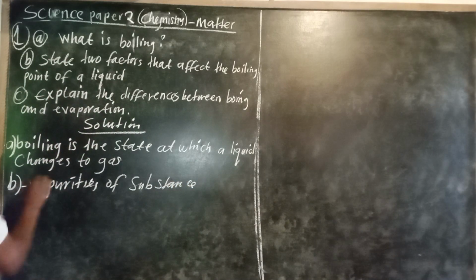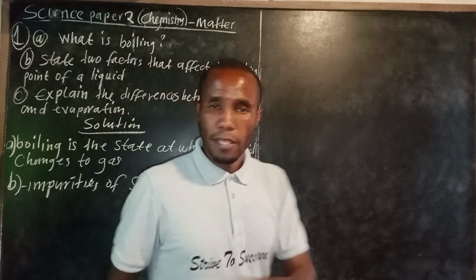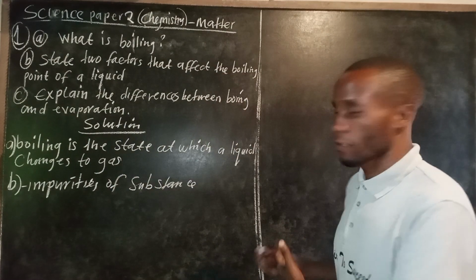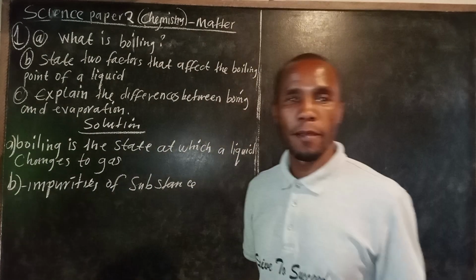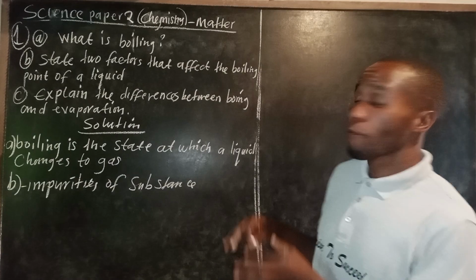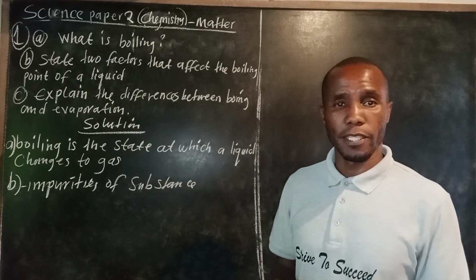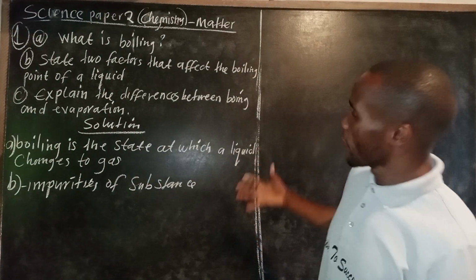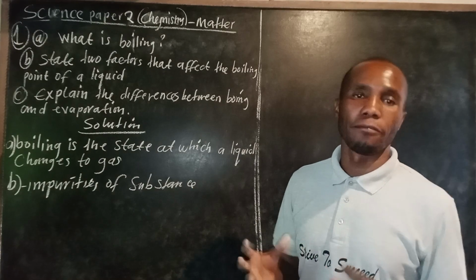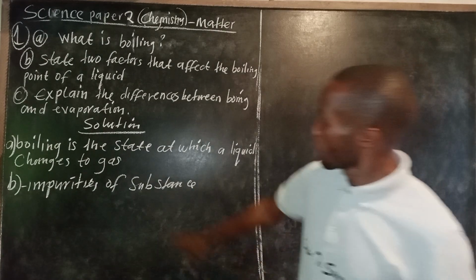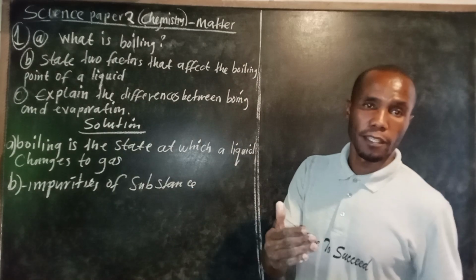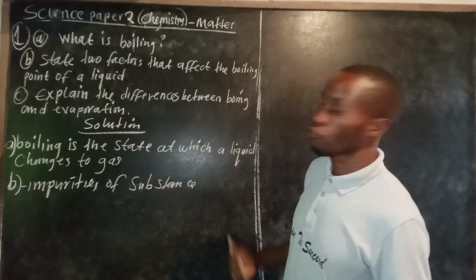They are saying two, so one of them is impurity of substance. What do I mean? When we put impurities in that particular liquid, the boiling point will automatically be affected. So impurities of substance affect the boiling point of a liquid.